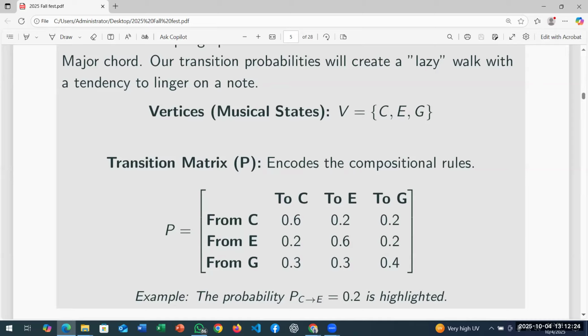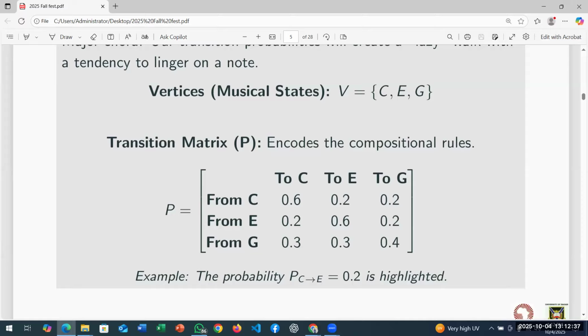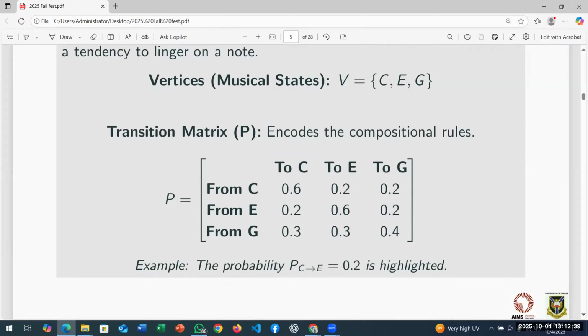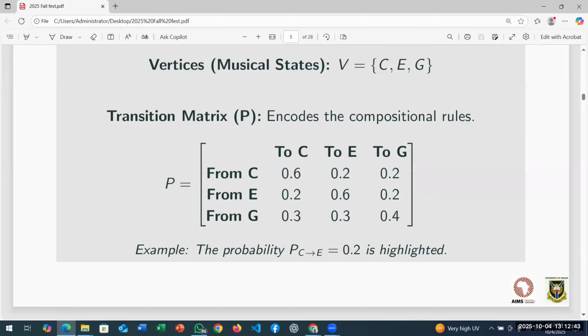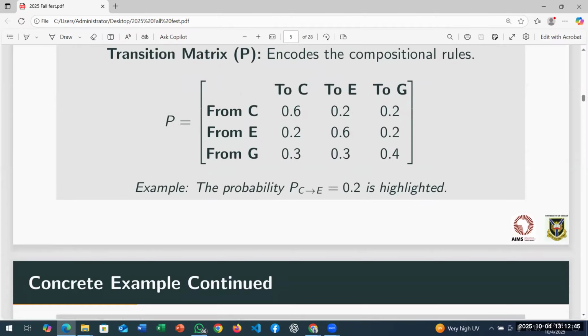If we check the row summation of this matrix, we see that they all give 1, 1. This tells us it is a row stochastic process. The example, the probability of moving from C to E now is 0.2. That's what I'm trying to let us know.